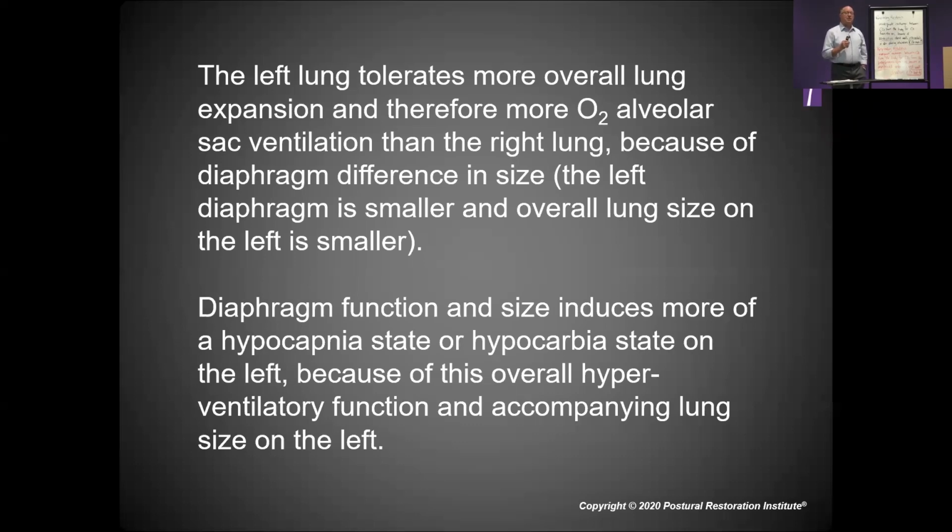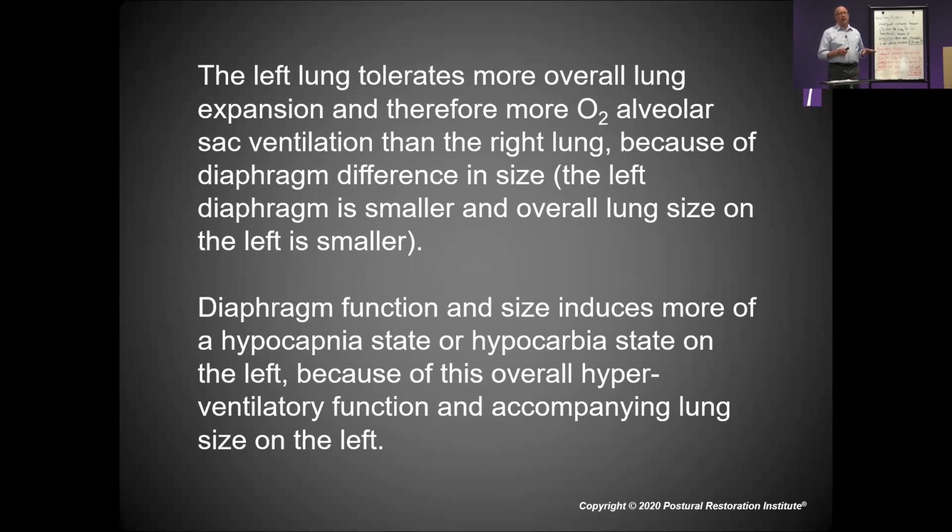The left diaphragm is smaller, and overall the lung size on the left is as well smaller. The diaphragm function and size induces more of a hypocapnia state, an alkalytic state, or hypocarbia state, not enough carbon dioxide on the left because of this overall hyperventilatory function and accompanying lung size on the left side.